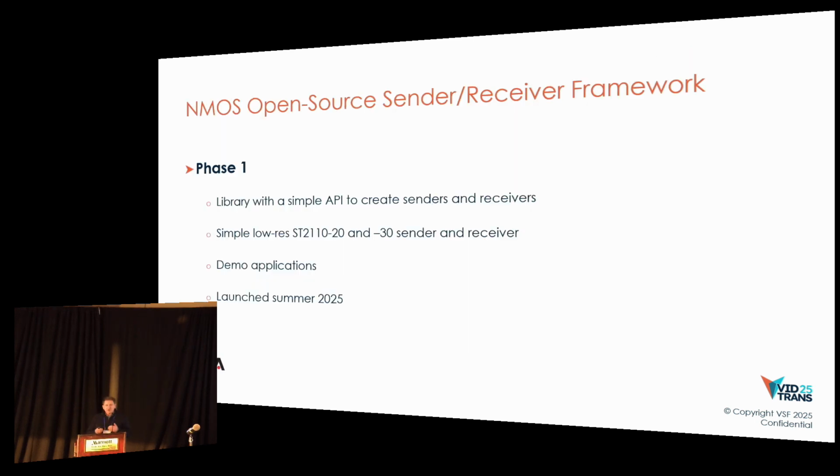And the way we developed this was firstly on phase 1, which was released around IBC. We implemented the library with the simple API that I mentioned, and we built a couple of demos. One was a sender, another one a receiver for 2110-20 and 2110-30.